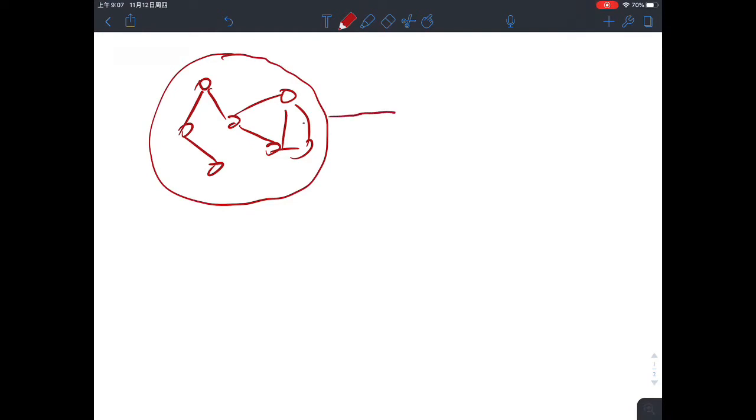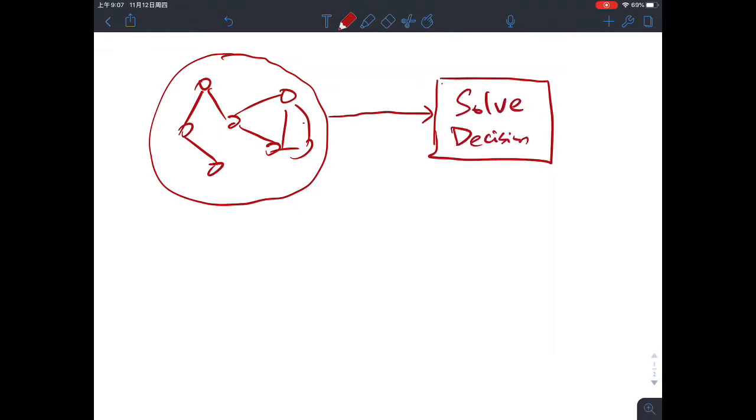So now we have a black box. If you are given an arbitrary graph, it can solve the decision version of the vertex cover problem, so it can only answer yes or no. Let me walk you through this idea sequentially.